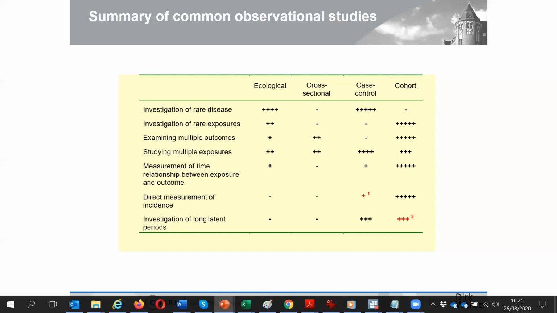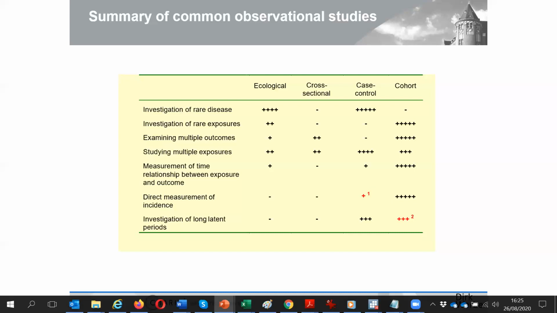You expose your study participants to the exposure, then you can follow them up to see if the outcome or the disease is going to develop. So cohort studies are the best.